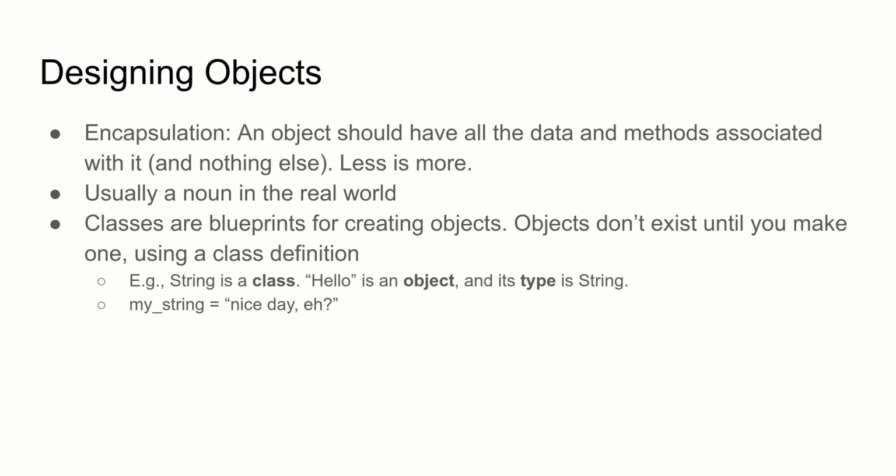When we come up with the design for a class, we want to try to keep to an idea of encapsulation. There should be boundaries around what that idea means and what's important to know about it. Here's an example.